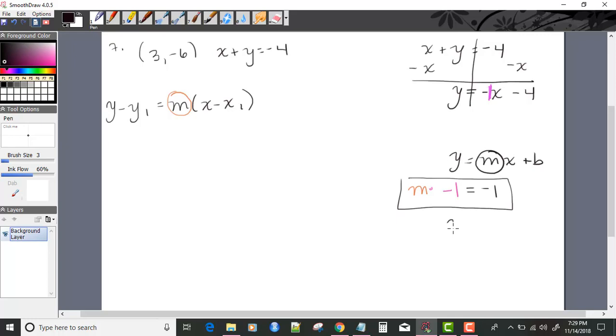Well, m has to be equal to 1 because 1 times -1 equals -1. So my slope here is 1.